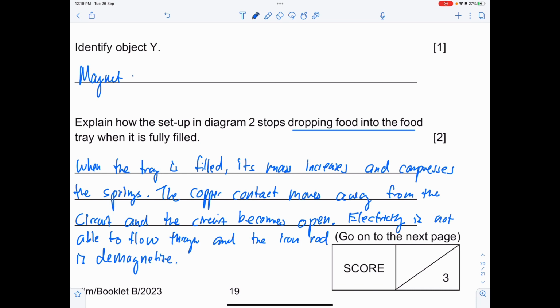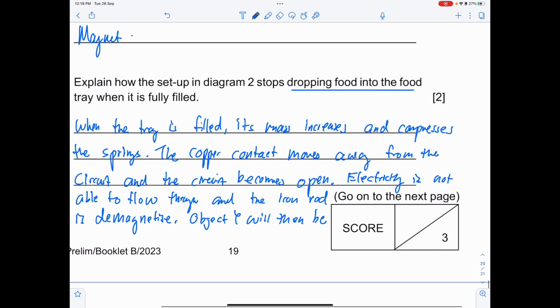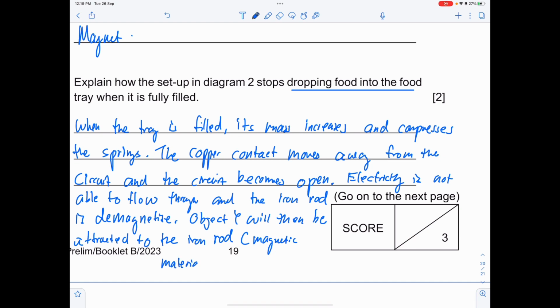So then after that, object Y will then be attracted to the iron rod. Bracket, magnetic material.